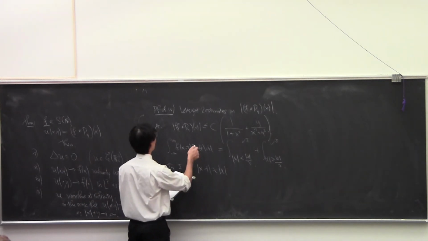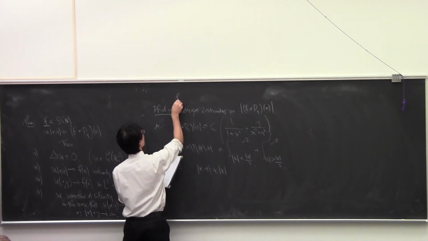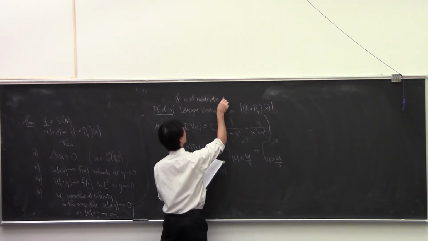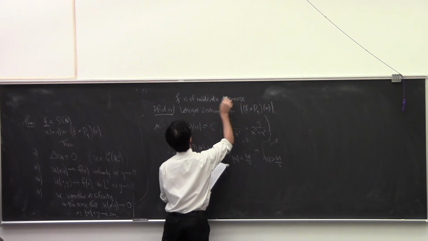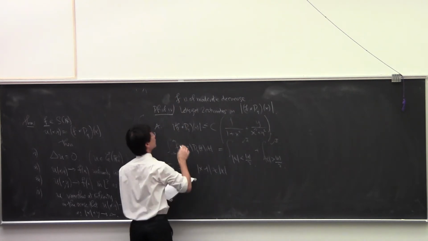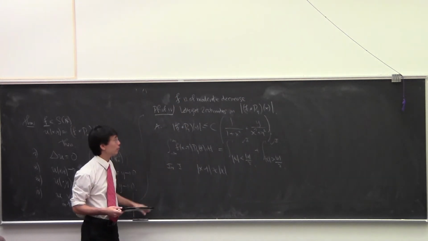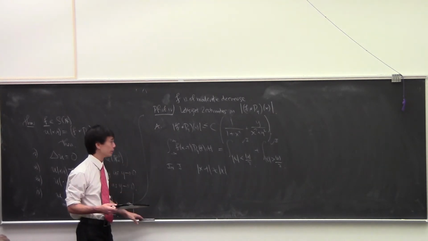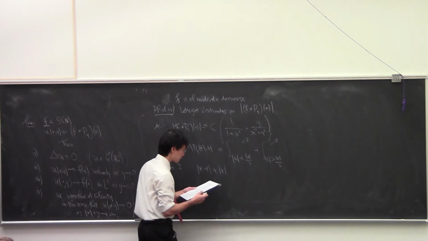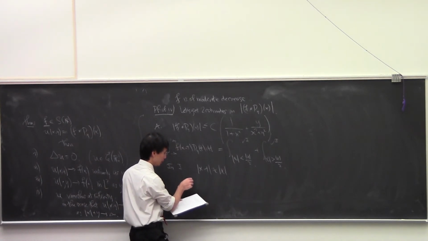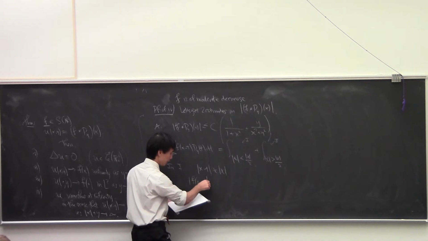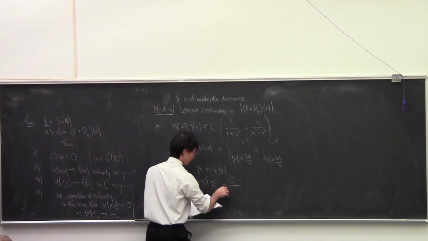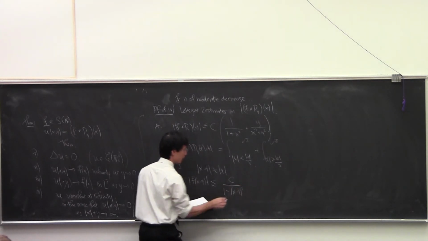And so, using the fact that f is of moderate decrease, in fact it's better than that, but all we need is that it be of moderate decrease, we say, well, look, f of x minus t then is controlled by some constant over 1 plus x minus t squared.